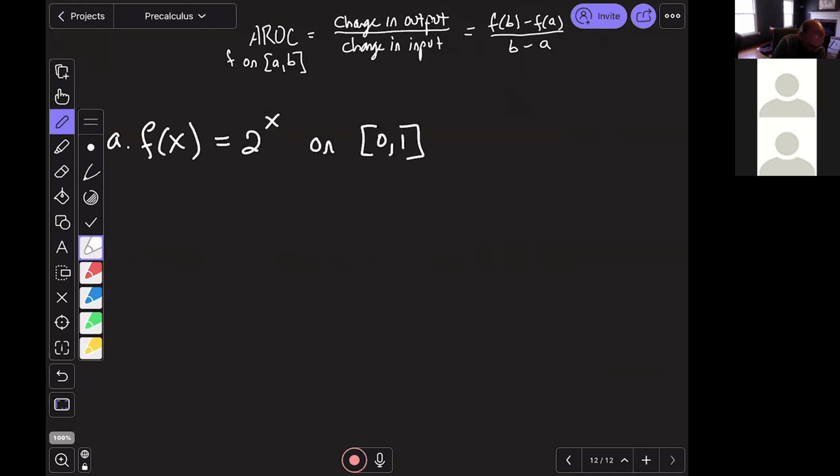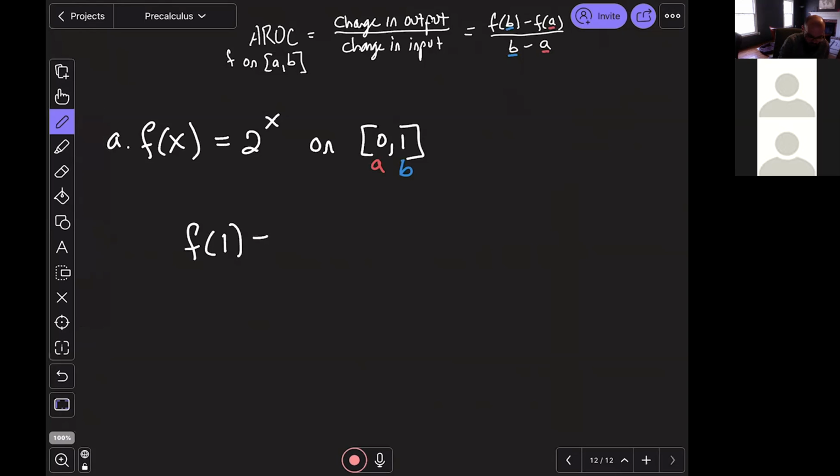So this is our A, and this is B. A is going to be 0, and anytime we have a b, it's going to be a 1. So if I compute my average rate of change, it's going to be f of 1 minus f of 0, all divided by 1 minus 0.